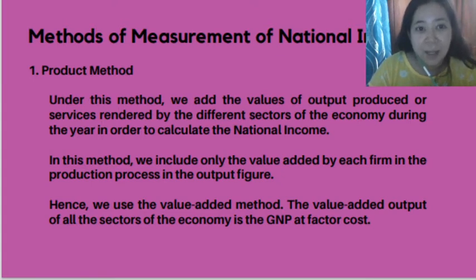Okay, so the value added output of all the sectors of the economy is basically the GNP at the factor cost. So again, what we are referring to when we measure the national income is all the values of the output that is being produced or the value that is being added during the production process.